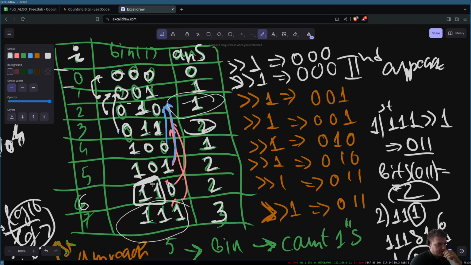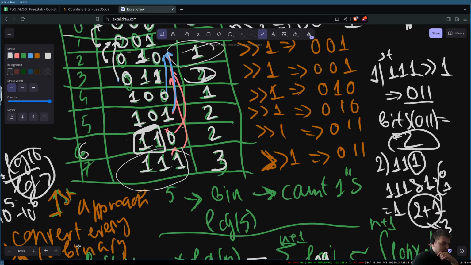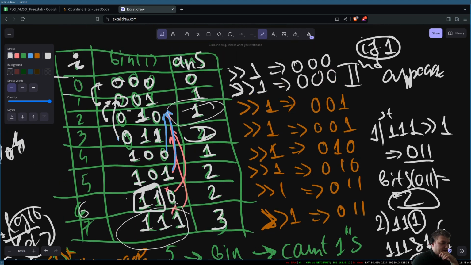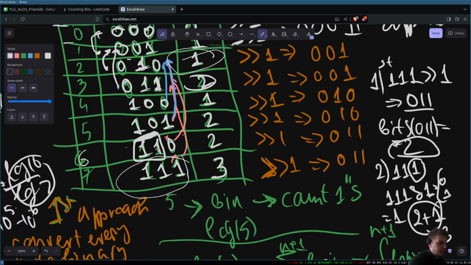In order to get the number of bits in the second half, the lowest bit, I need to compare this I with one. So I need to do this I and 1 check. Then I can add those two numbers: the number of bits for I shifted by one to the right, plus I and 1.